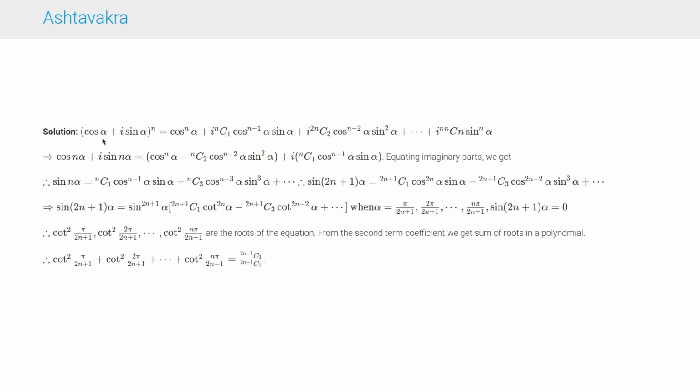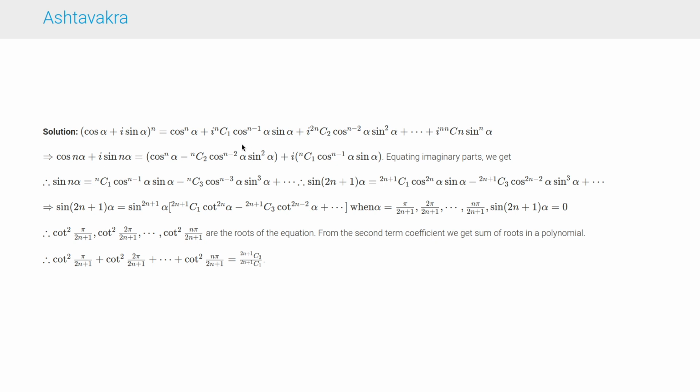binomial theorem. So cos alpha plus i sin alpha to the power n is equal to cos n alpha plus i nc1 cos n minus 1 alpha sin alpha plus i square nc2 cos n minus 2 alpha sin square alpha and so on, i to the power n ncn sin to the power n alpha.